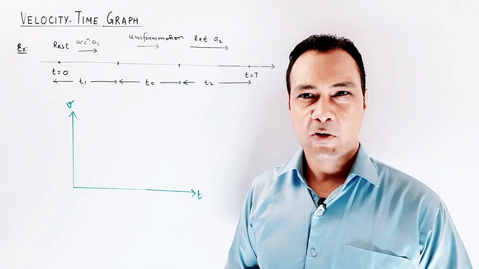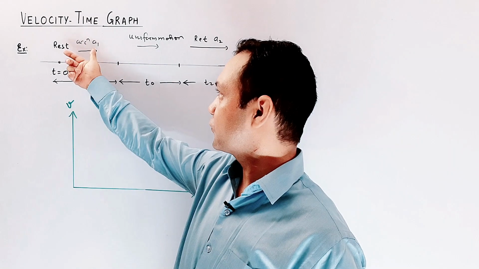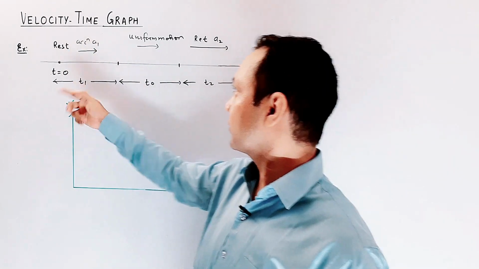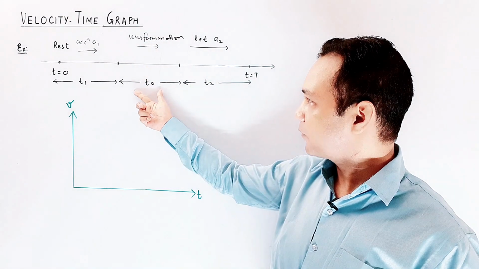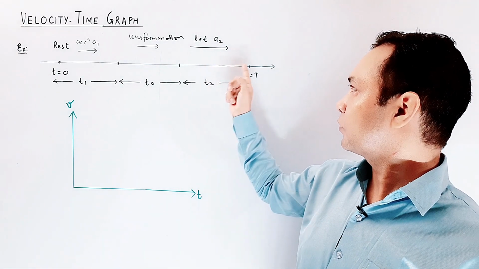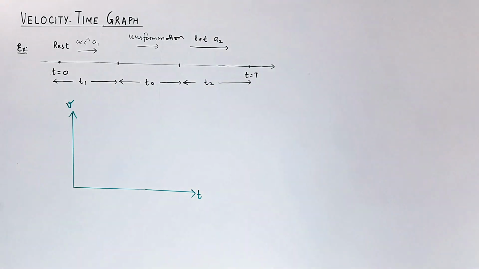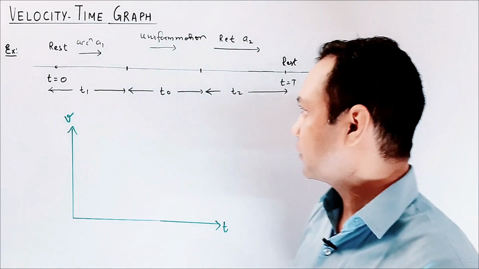So let's see a very important case of motion in which a particle starts from rest, moves uniformly for a time t1, then moves with constant velocity for time t0, then retards uniformly for time t2 to come to rest finally. We have to plot the velocity time graph for this whole motion.